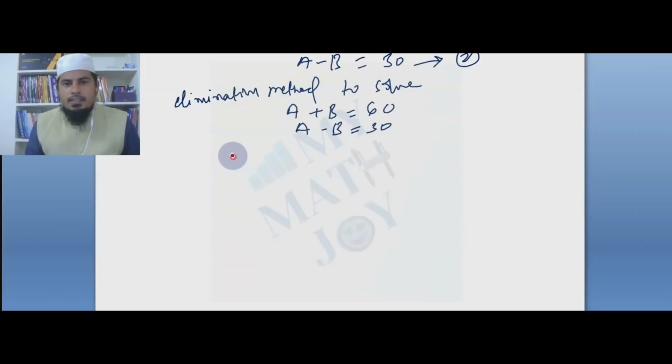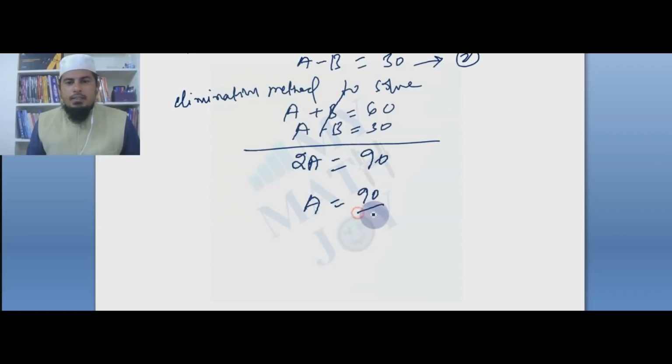Then you can just cancel, because already the signs are plus and minus. We need not worry. And a is 90 divided by 2, exactly 45.